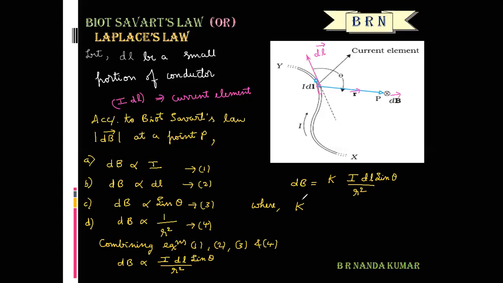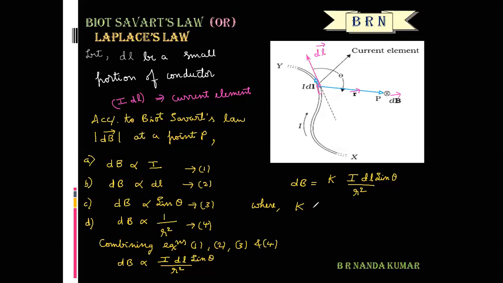Actually, the proportionality constant depends on two very important factors. Number one, the medium existing between the point P and the midpoint of the current element, and also the system of units used.